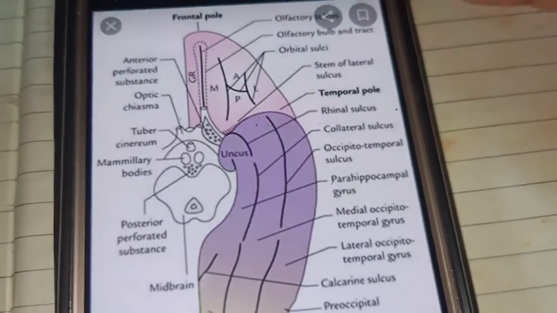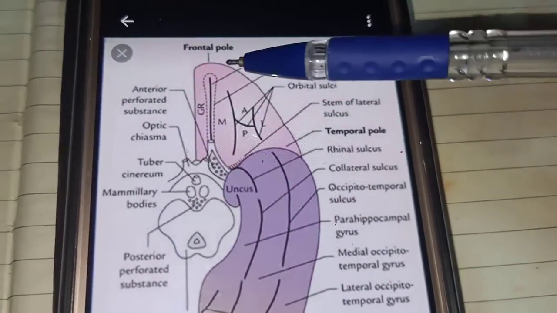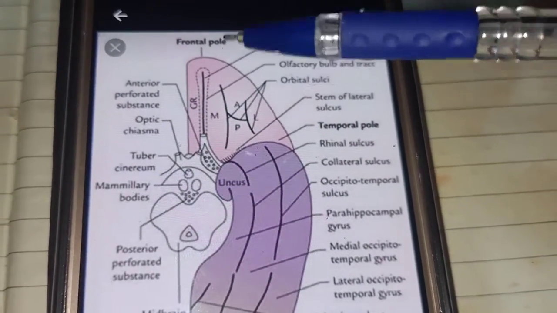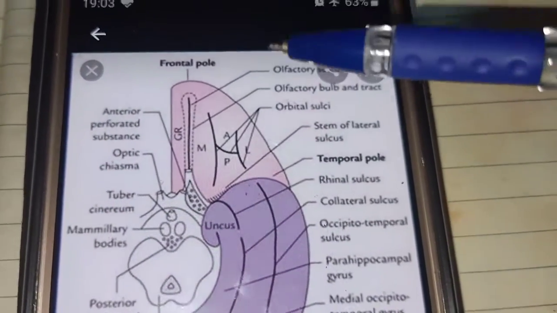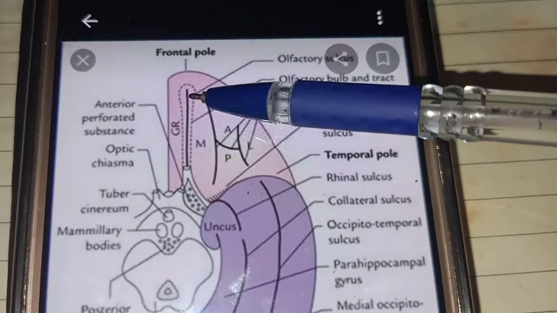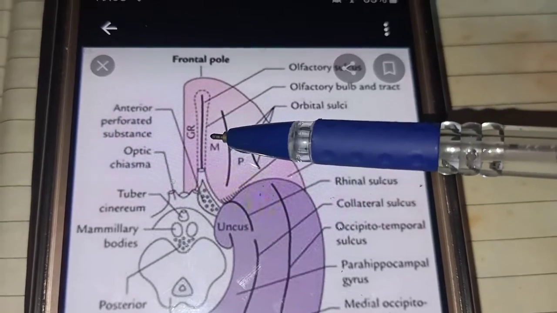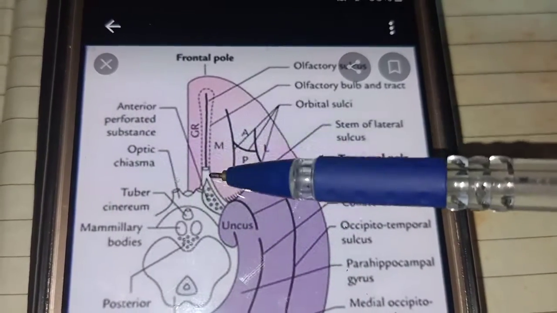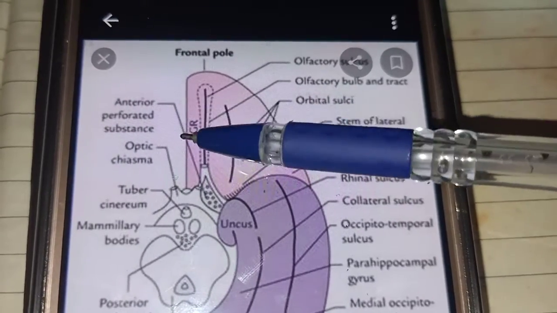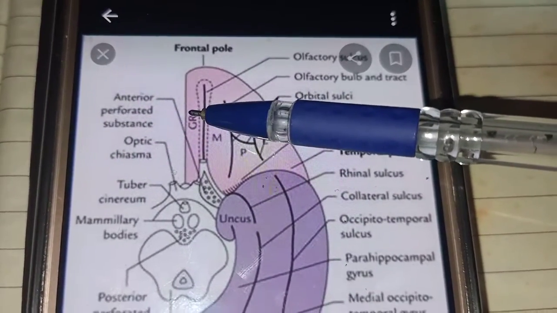So on the anterior surface, the orbital surface of the inferior surface, the sulci and gyri are as follows. The first is the olfactory sulcus. Immediately next to it is the gyrus rectus.